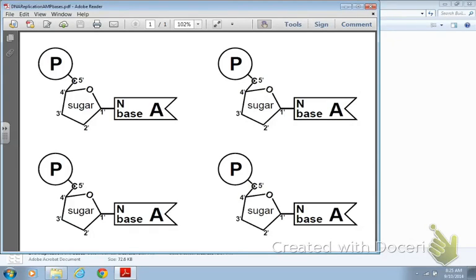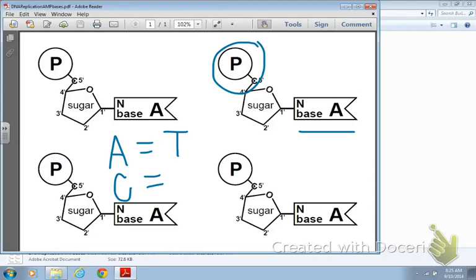In the nucleotide, you can see the phosphate, that negative charged phosphate, the 5-carbon sugar, which in DNA is deoxyribose, and then the nitrogen base, and this was adenine. So remember that adenine pairs with thymine, and cytosine pairs with guanine. Okay, so look at which nitrogen base you have.